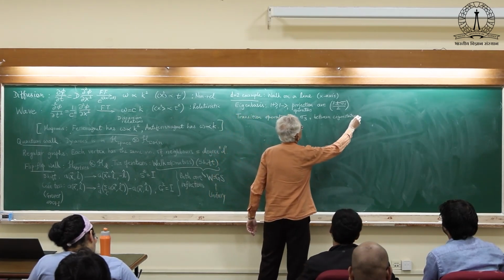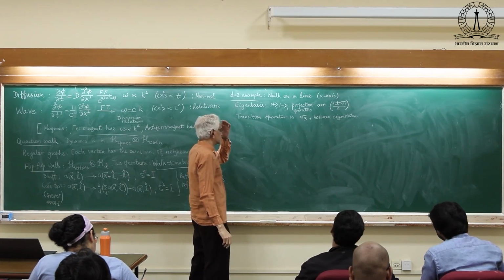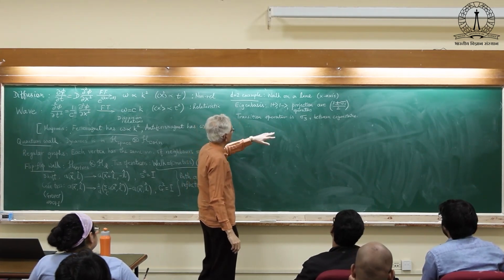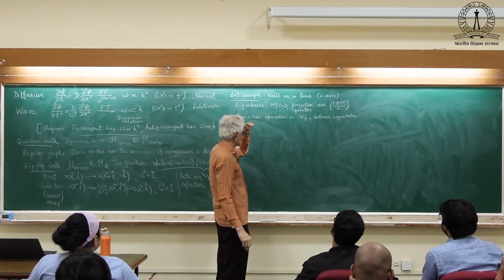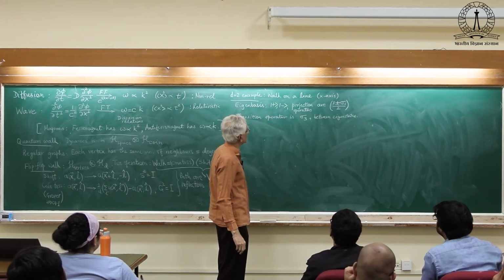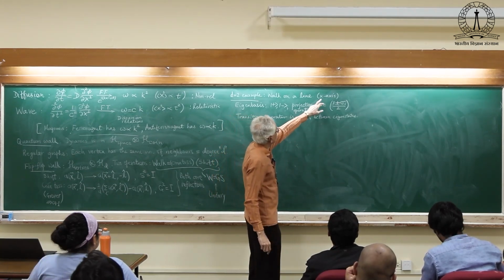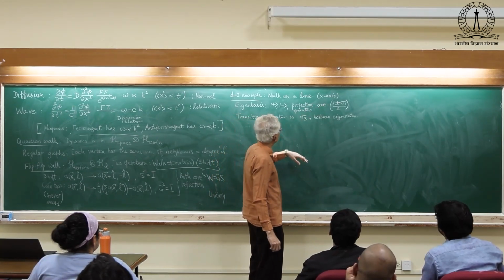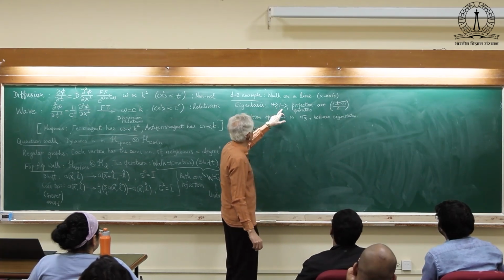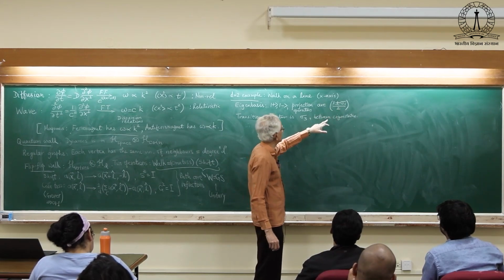This is all connected to a particular notation I choose here. If I had called this one z-axis, then this will become the state 0 and 1. This will become 1 plus or minus sigma 3 by 2.